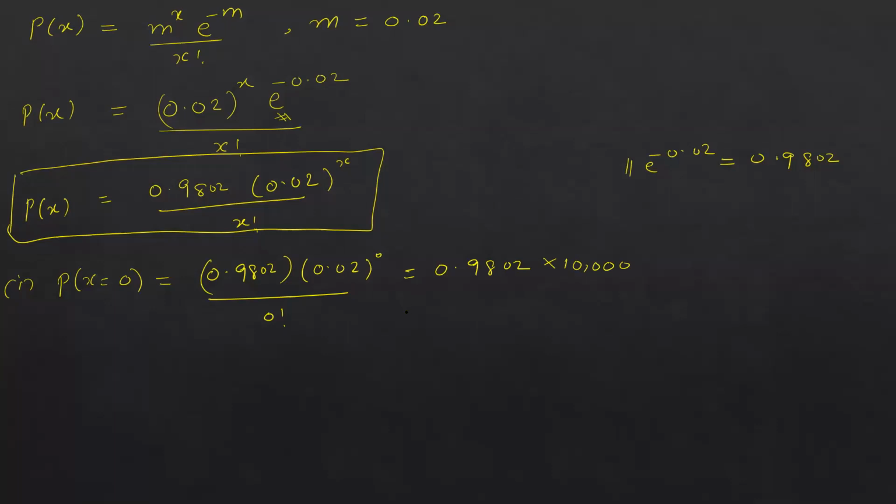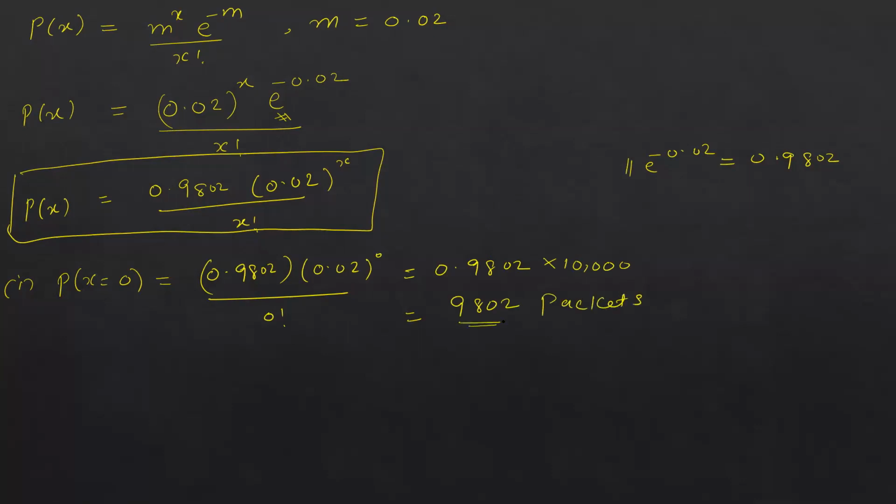So when you multiply this with 10,000, what is the approximate answer? I think you will get 9802 packets approximately.